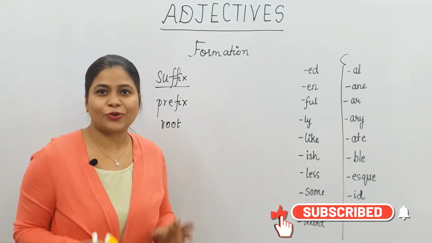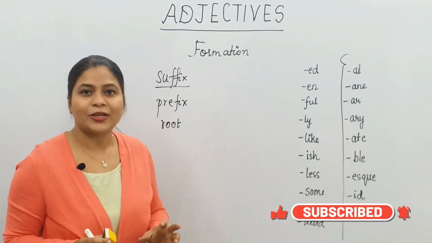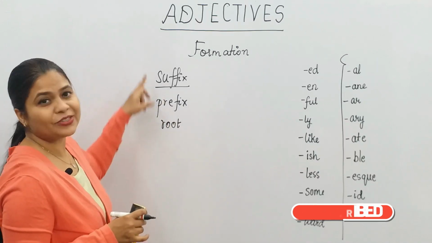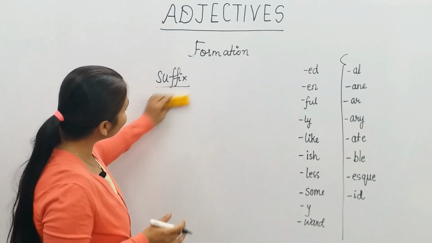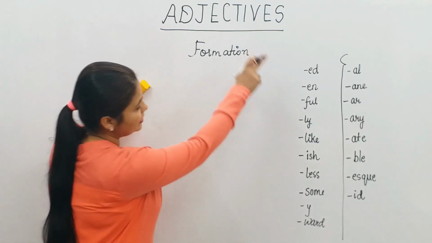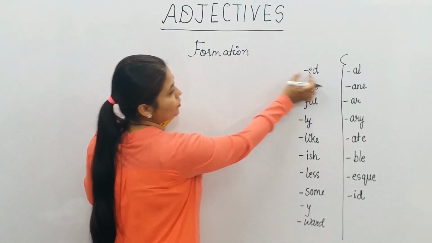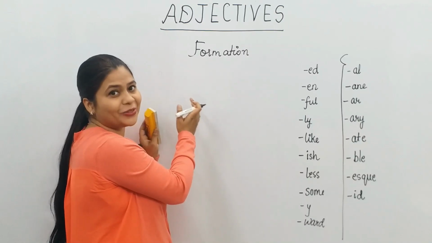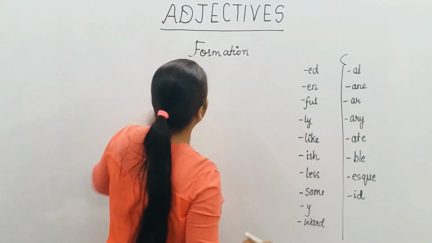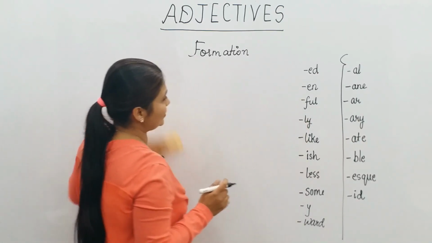Basically, whenever we talk about the formation of words, we do dwell into these three things. Today we are going to focus on all these suffixes. You can see we put a hyphen over here, which shows this part is going to attach itself to the other word. We're going to use them and make adjectives.